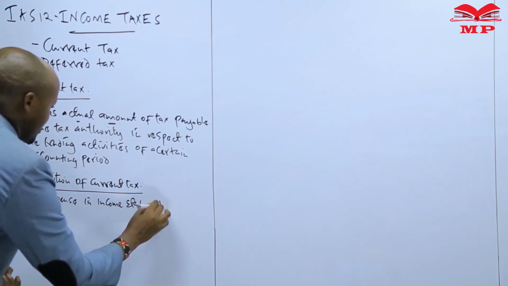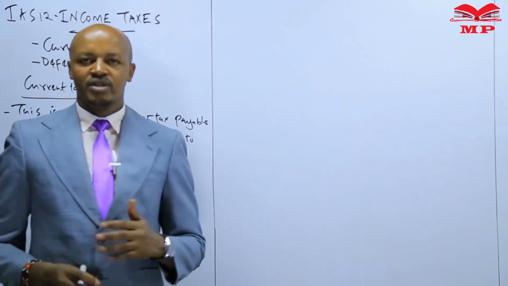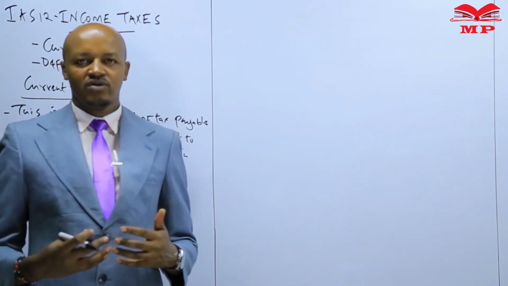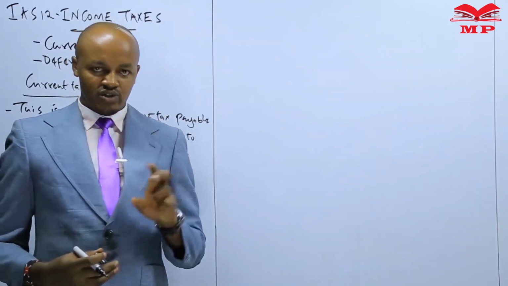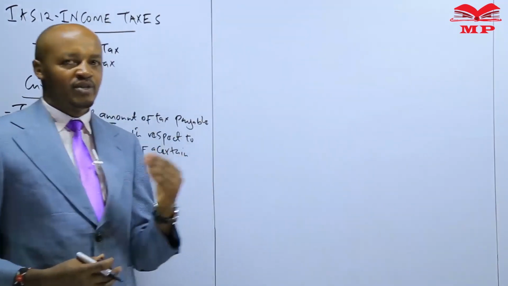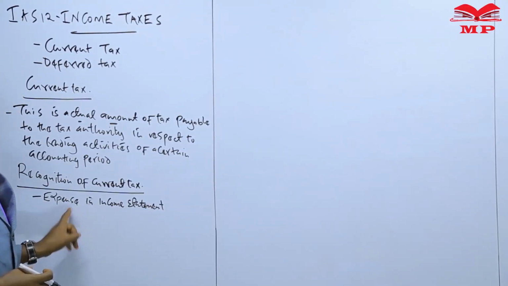And that's why whenever we prepare the income statement, once we get the profit before tax, we proceed and we less the current tax. The reason why we less that current tax is because that tax is an expense in the income statement.